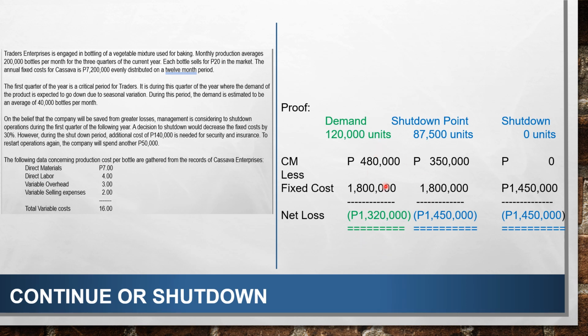Okay, so you can see here the difference, no? If we continue at 120,000 demand, we have a net loss of only 1,320,000, which is better as compared to if we shut down, because then we will have a net loss of 1,450,000. So better continue if our demand is 120,000. And this proves our answer.